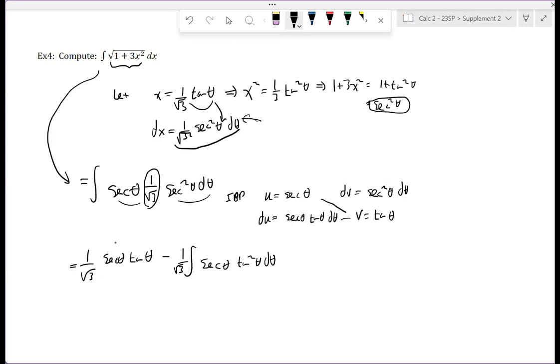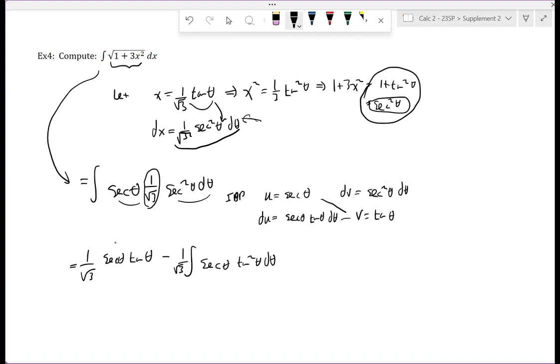Now, something that we might notice here is that secant theta, maybe there's not a whole lot I can do with that, but tangent squared participates in this nice Pythagorean identity with secant squared. So tangent squared is going to kind of look like a secant squared.